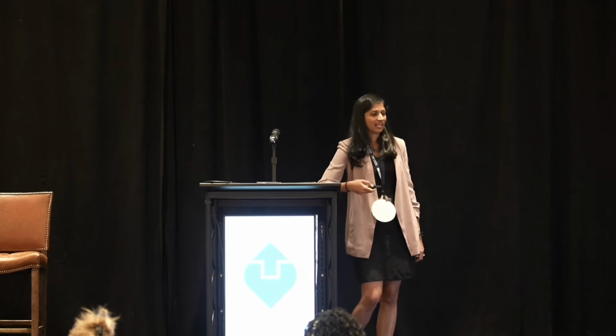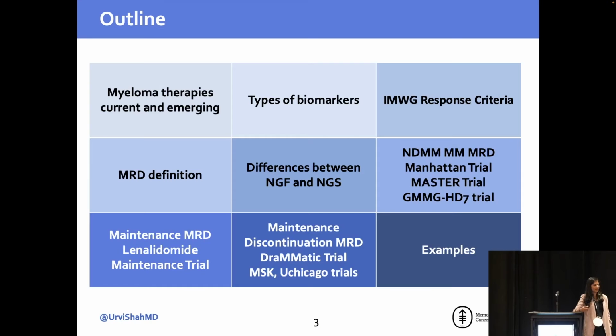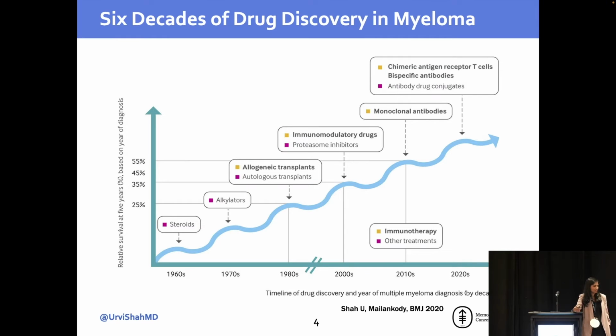And this is the outline of things we'll talk about: myeloma therapies, current and emerging types of biomarkers, the IMWG response criteria when you think about MRD definition, the differences between NGF, which is next-gen flow, and next-gen sequencing, which is NGS, and then in the newly diagnosed myeloma setting, MRD, so a couple of trials I'm going to talk about, and then the maintenance MRD setting, and the maintenance discontinuation setting as well, so trials around those, and then a few examples.